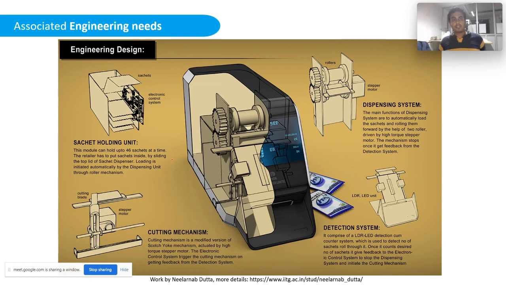Okay, so if you see what the engineering design requirements are, based on the concepts the person comes up with the solution. Actually this is my work only. So basically the design needs a sachet holding unit. Okay, the requirement is that this particular chamber needs to hold sachets in a particular format.